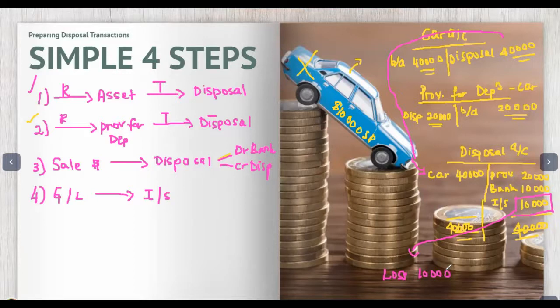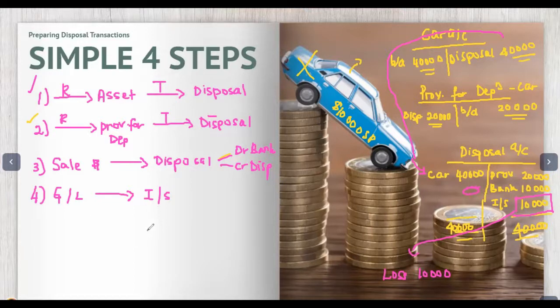Now, if your income statement was on the debit side of this disposal account, this means we would have credited this in your income statement. Yeah. So that means we have gained from this transaction.